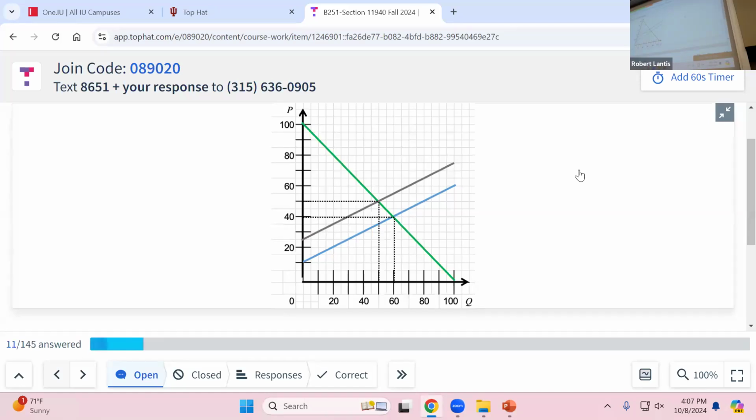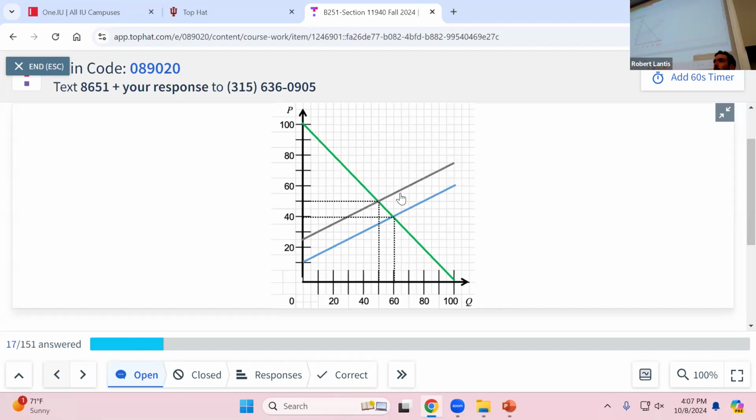Higher, right? So which of these curves is higher? The black curve. It's representing that at every single quantity, the cost to society is a little bit higher than the cost that exists to the producers in this market. So I know my blue curve will be supply, my black curve will be the marginal social cost.